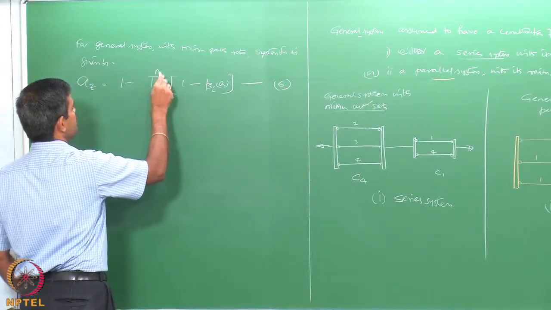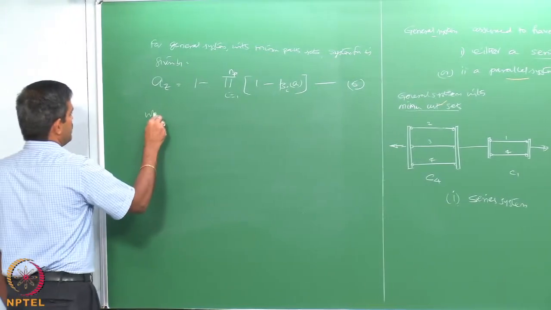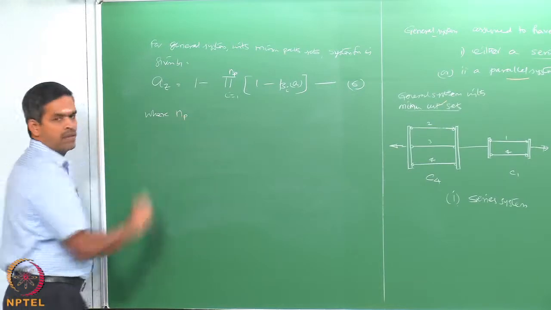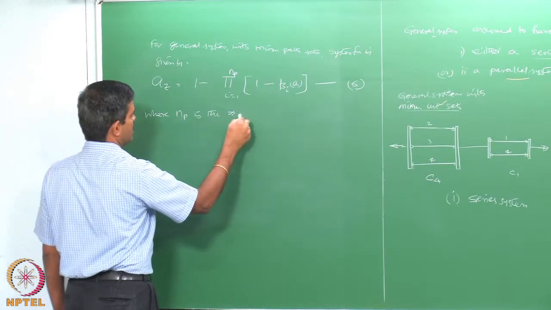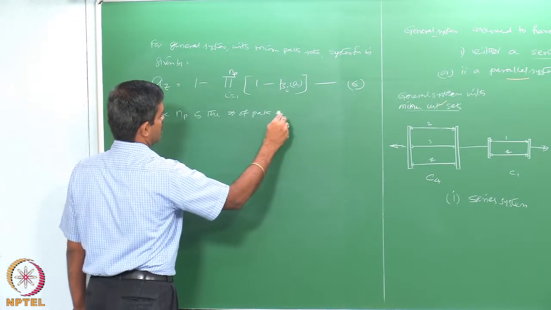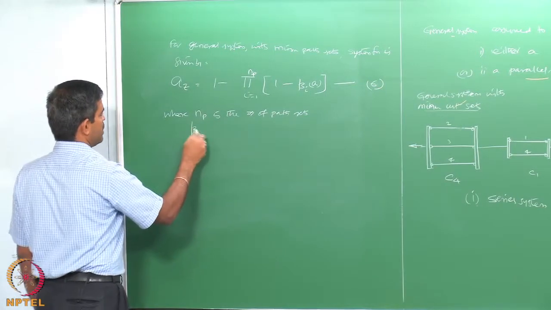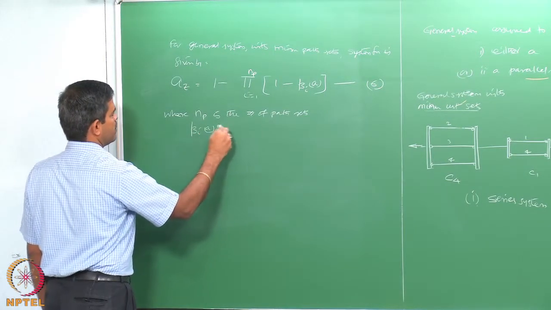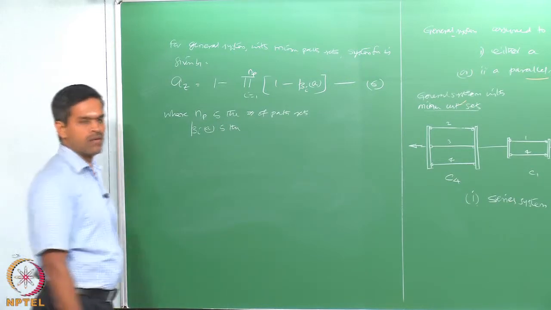This is n p, where n p is the number of path sets and beta i of A is the path set function for the ith path set.